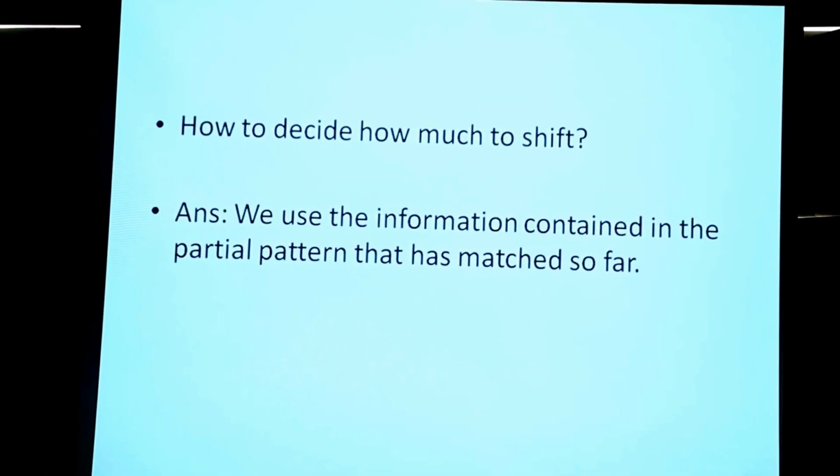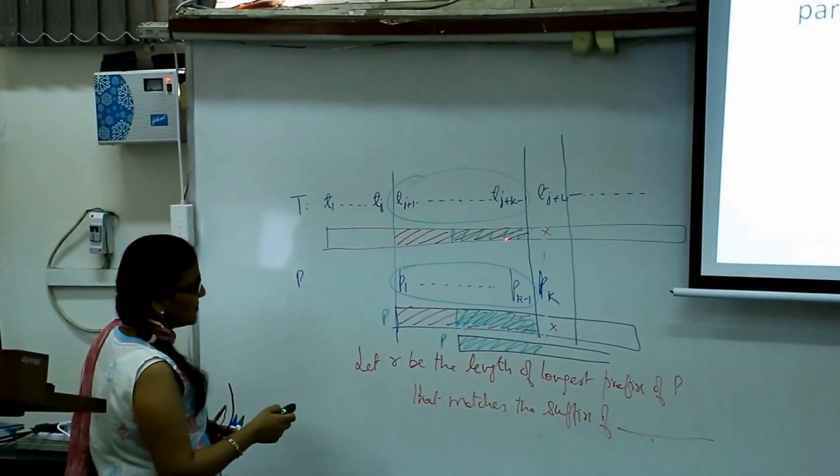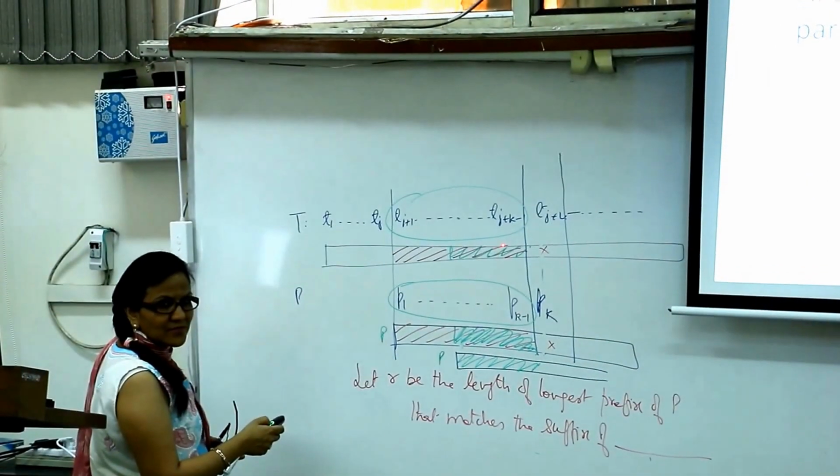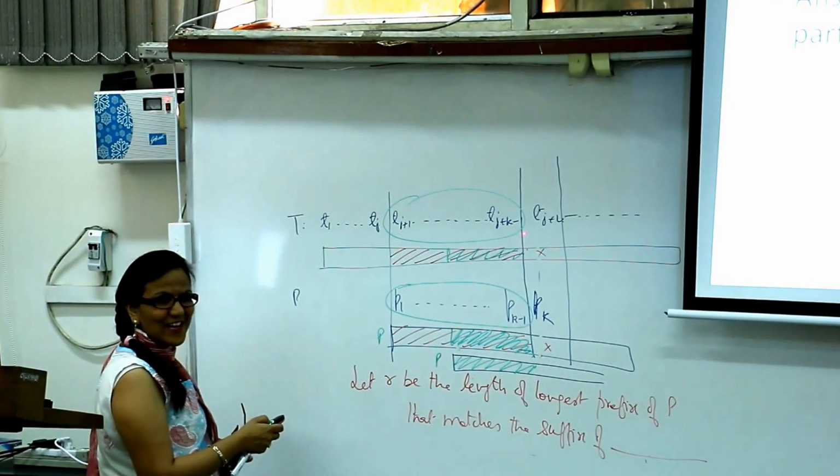Now I want to slide my pattern from here to here so that this part of my pattern matches with this part of the text. So far clear? I know where the problem is.